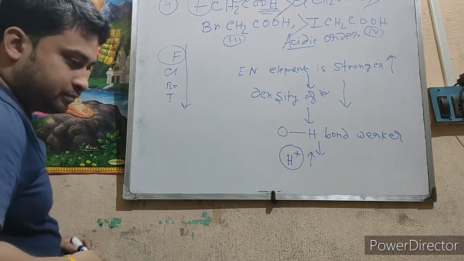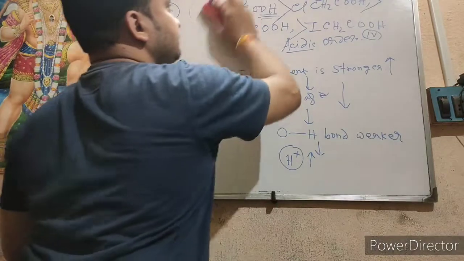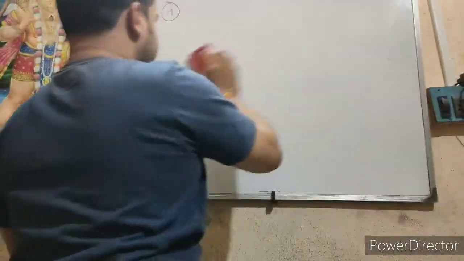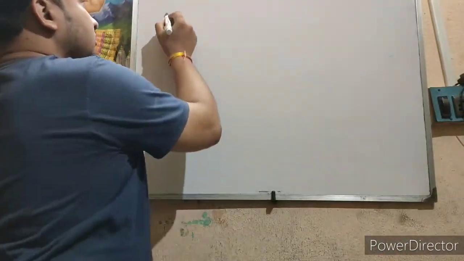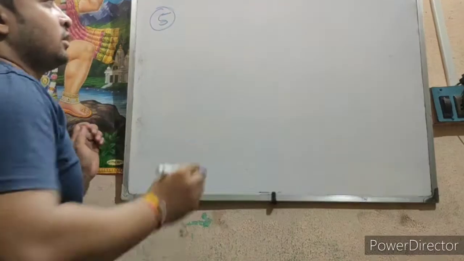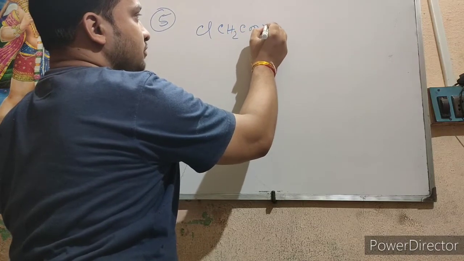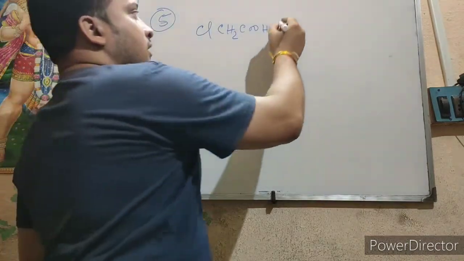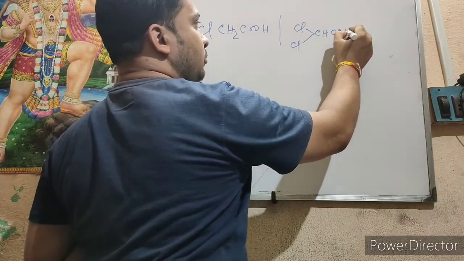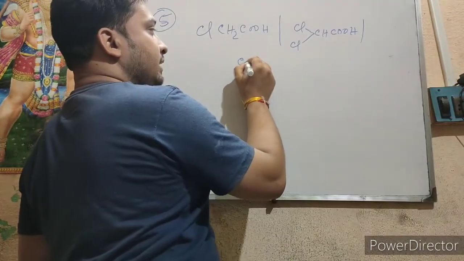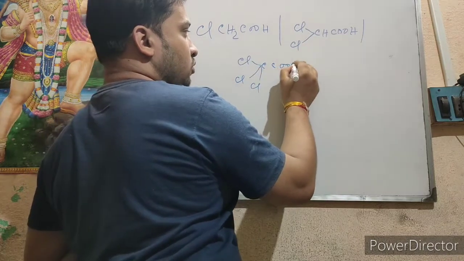This is the 4th question. Now take the 5th question: ClCH2COOH, then Cl2CHCOOH, thirdly Cl3CCOOH.